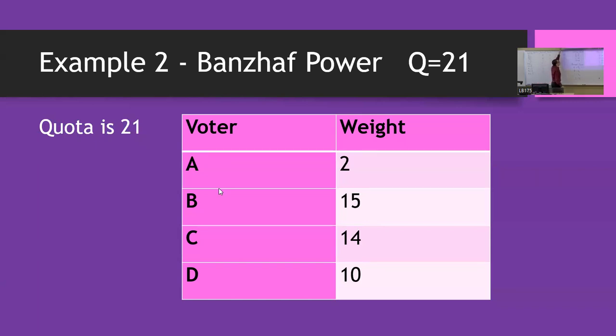So with a quota of 21, even though all of these weights were different, D has the same power as B. A has no power. They're a dummy voter, essentially, almost. And then C and B and D, even though they have different weights, have the same power, right?